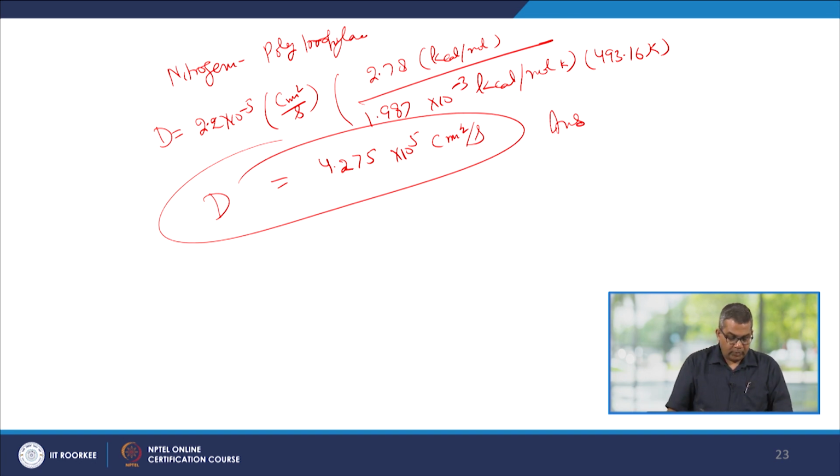Now if we talk about krypton in polyisobutylene, this is our third system.